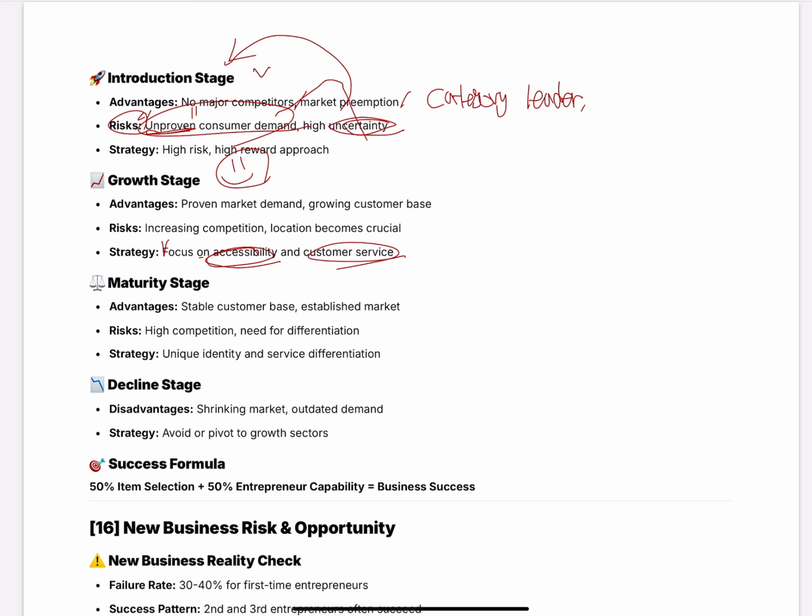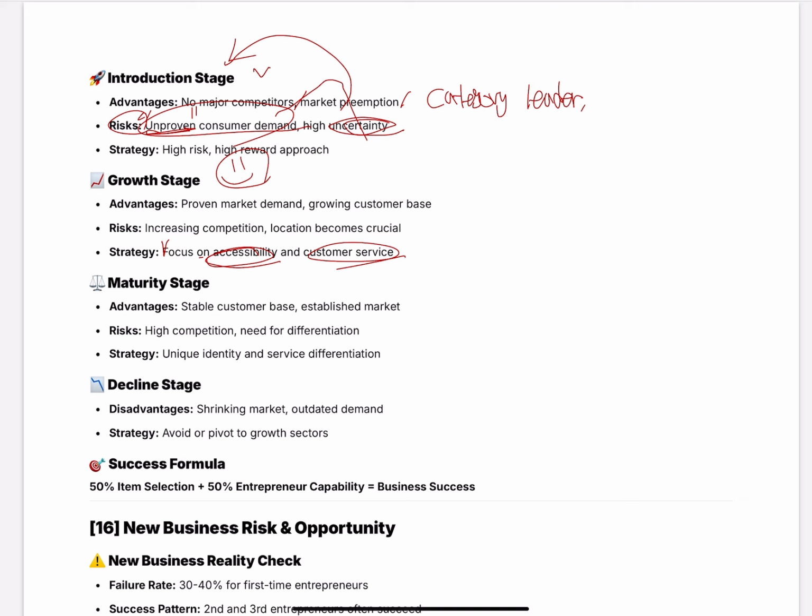The third stage is the maturity stage, which offers stability. You have an established market and a stable customer base, but competition is intense, and you need clear differentiation to succeed. Your strategy here must focus on unique identity and service differentiation. You cannot just be another option. You need to be the preferred option for specific customer segments.